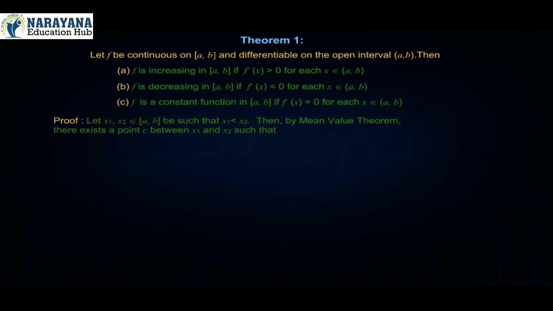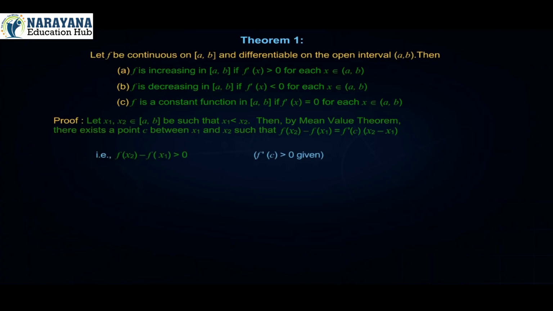Proof. Let x1, x2 belong to the closed interval a, b be such that x1 is less than x2. Then, by the mean value theorem, there exists a point C between x1 and x2 such that f of x2 minus f of x1 is equal to f dash of C into x2 minus x1.